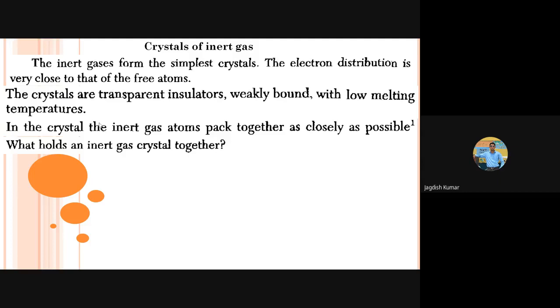But what is the mechanism, or the origin, behind the van der Waals interaction? What is the physical mechanism behind it? Any one of you, please? Yes. What do you think? What is the physical reason?